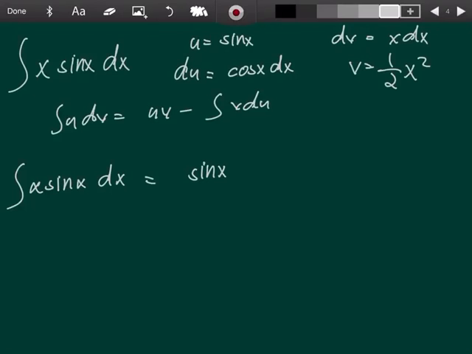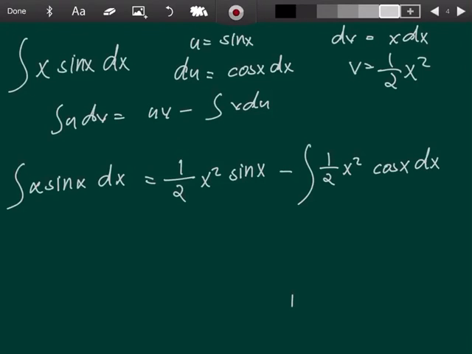Sine x, so gawin na lang natin 1/2 x squared sine x minus the integral of 1/2 x squared cosine x dx.